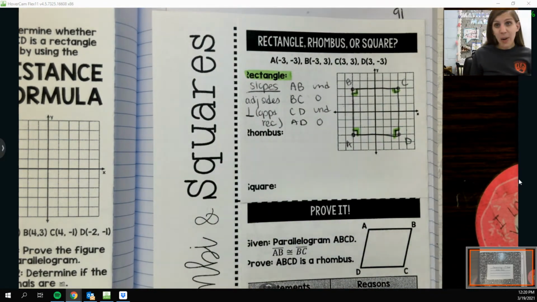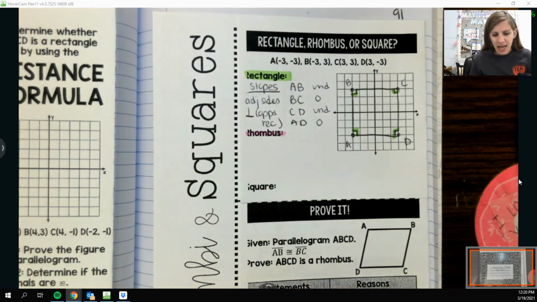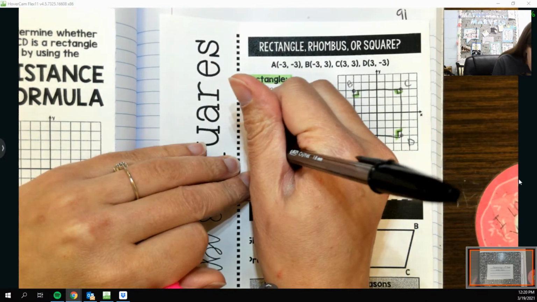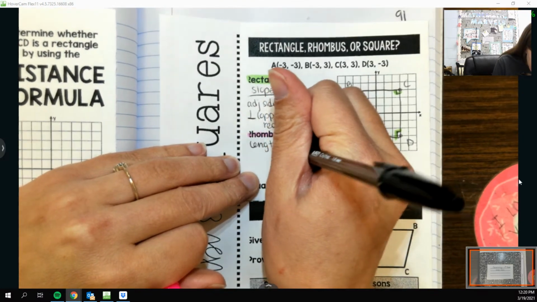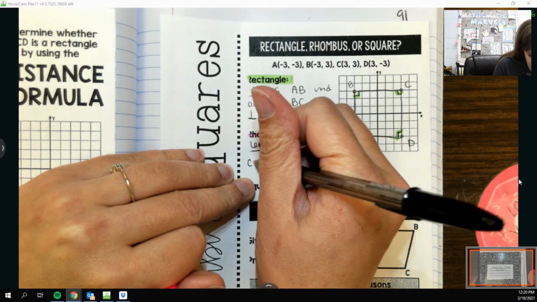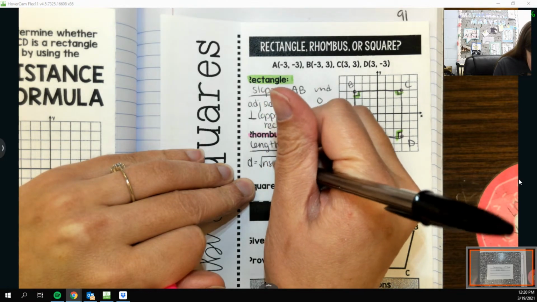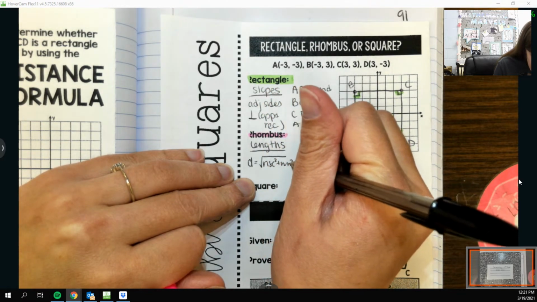But if I want to be a square, I have to also be a rhombus. So to know that I'm a rhombus, I want to find the lengths of all the sides. For length, I like to do distance equals rise squared plus run squared.